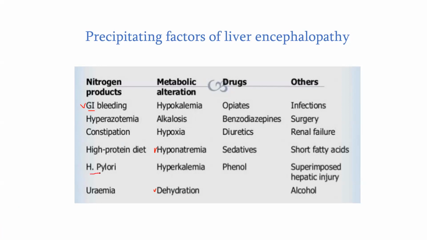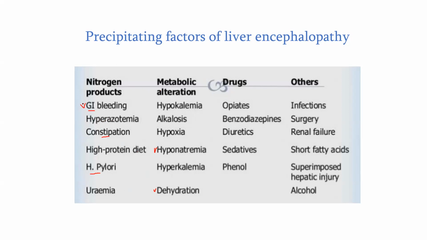H. pylori infection, as you know, through urease, this bacteria can produce urea. If the patient has constipation, all toxins stay in the intestines longer. Hyperazotemia and uremia, if it is impossible to excrete nitrogen waste products.